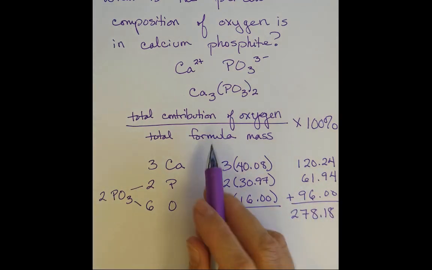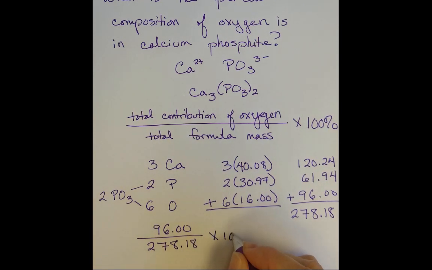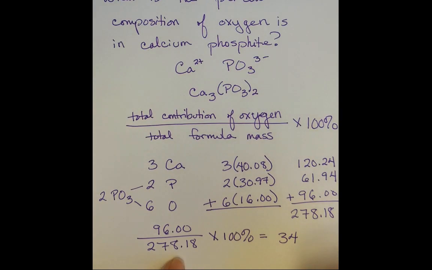So what I care about for this formula is 96 divided by 278.18, and this is the percent times 100. This is how I get that percent composition number. After plugging everything into my calculator, I get 34.51%.